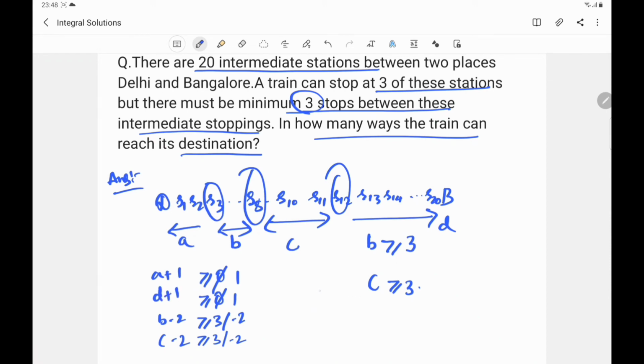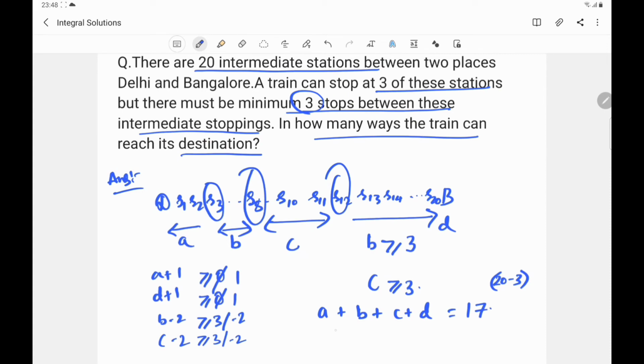So what is going to happen finally is we are going to form an equation. The initial equation would be A plus B plus C plus D. Out of 20, 3 are selected, 3 are already gone, so there will be 17.